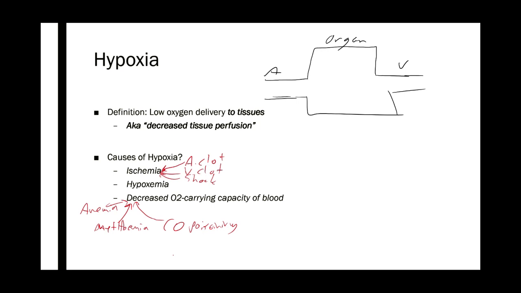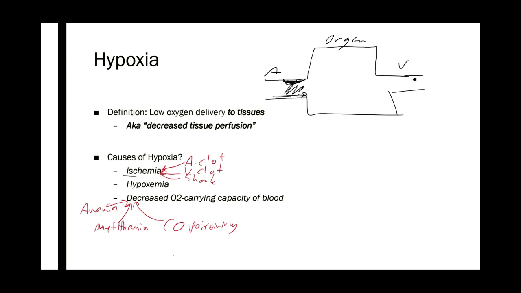Hypoxia can be caused by ischemia, which can be caused by three big picture things. First, you can have atherosclerosis of an artery. You can have a clot that blocks off the blood flow to the tissue.